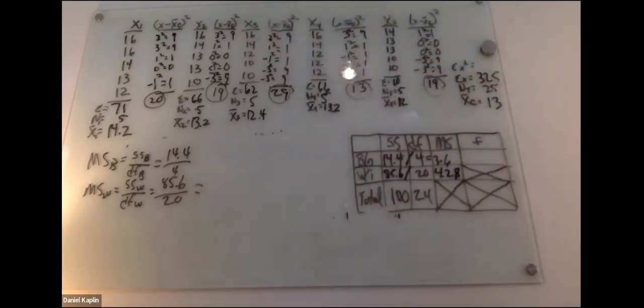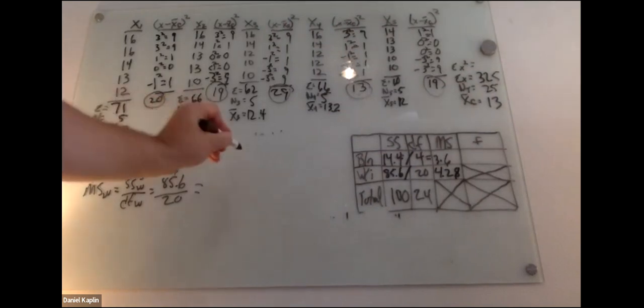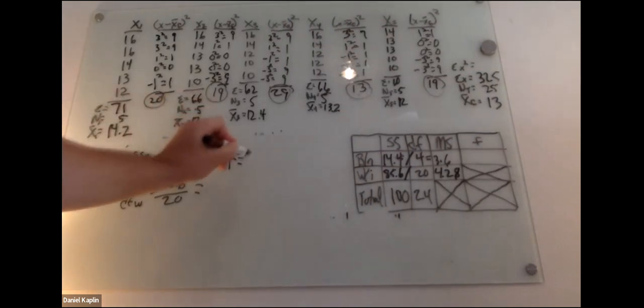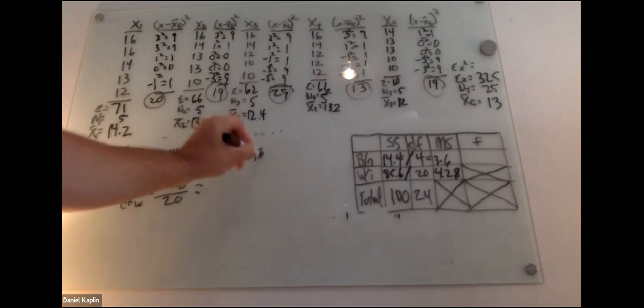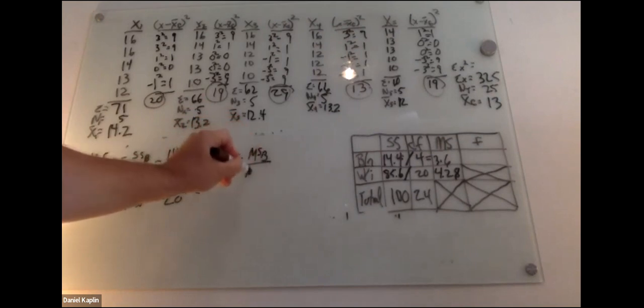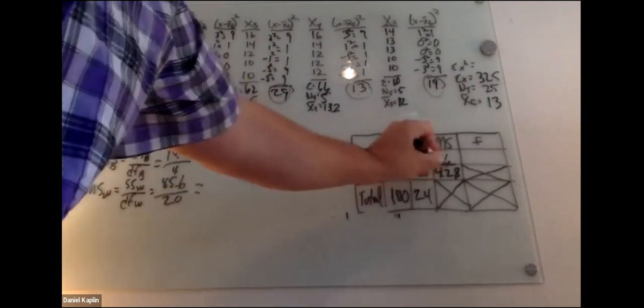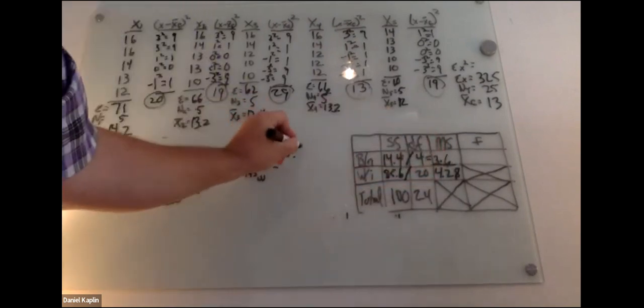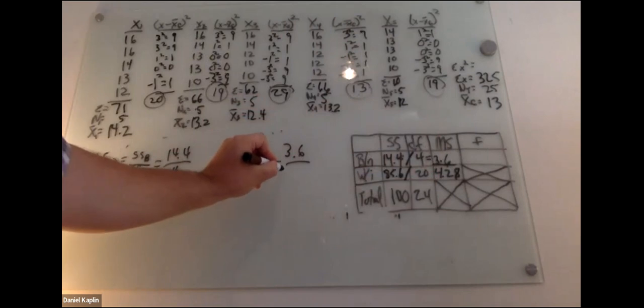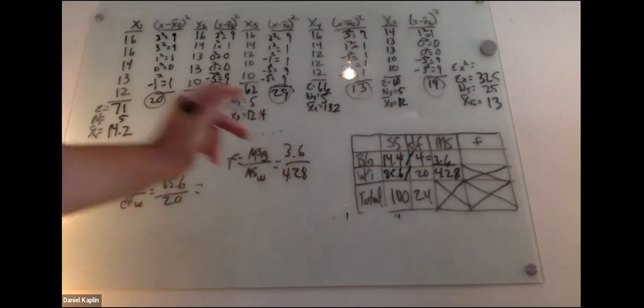Okay. Now, the F value is MSB over MSW. So now that's dividing this way, or 3.6 divided by 4.28.